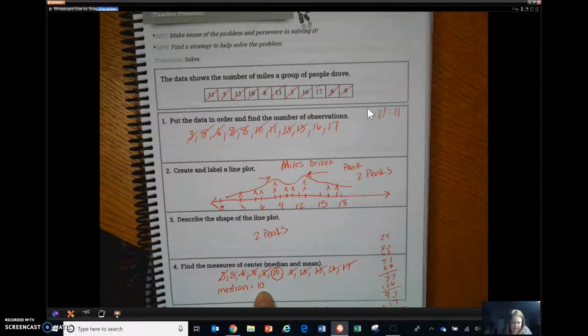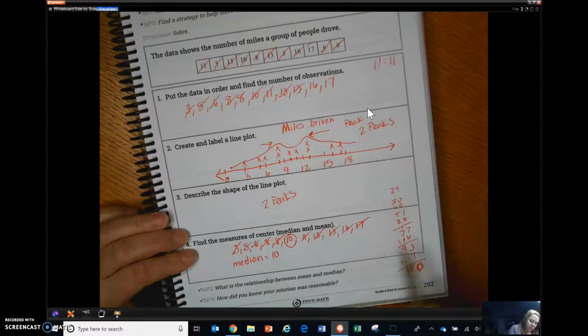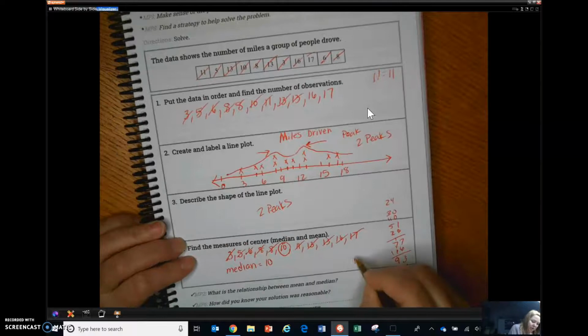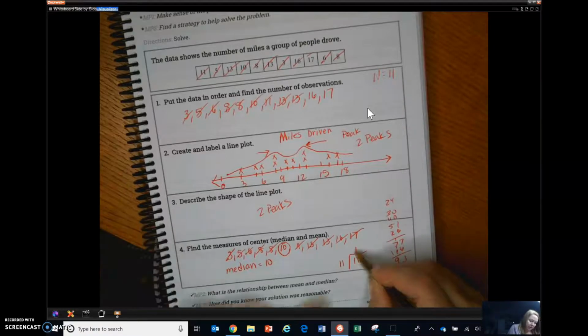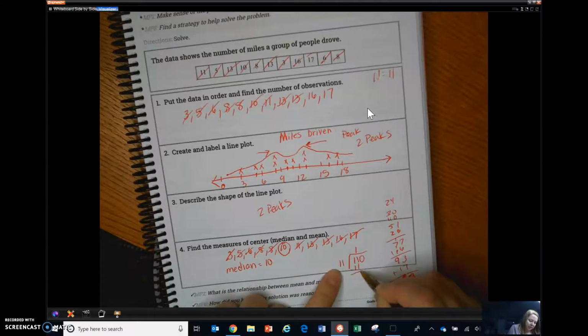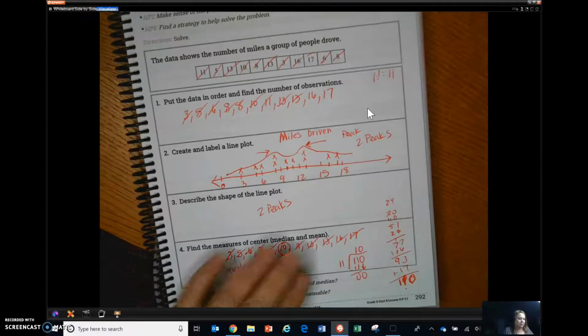I miscounted there, misadded. So 100. So I have, no, it's 111. I had it right. 110 is what I got. There's 11. So 11 goes in 11 one time. 1 times 11 is 11. Bring down my 0. 11 goes into 0 0 times. So the mean is also 10.